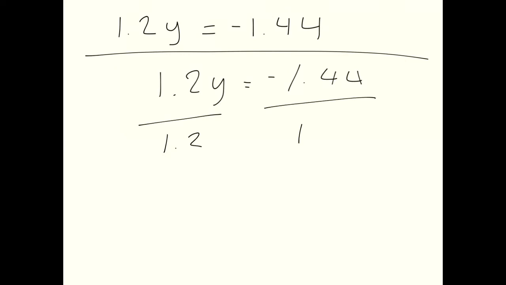To solve this equation, you are first going to want to divide on both sides, so 1.2 and 1.2. And so now you're going to want to divide 1.2 into negative 1.44.